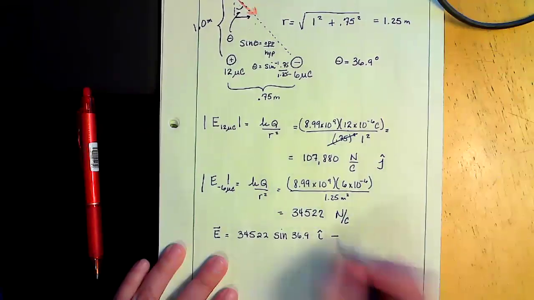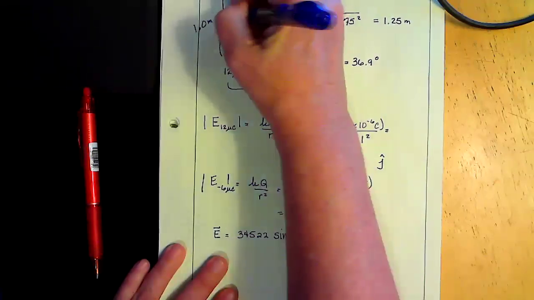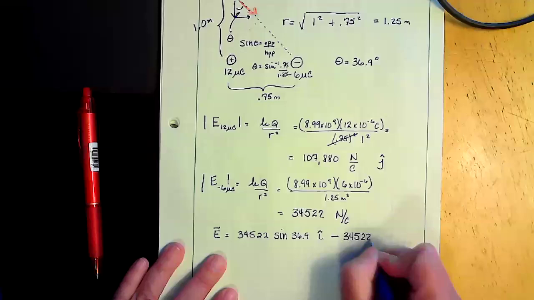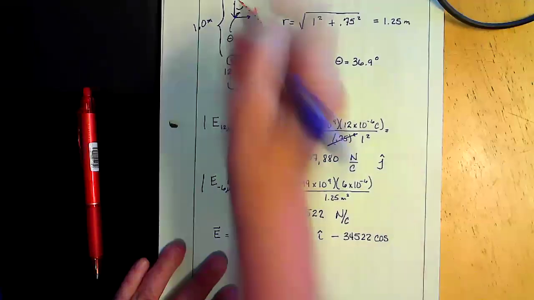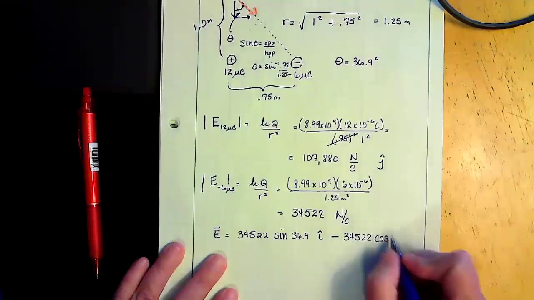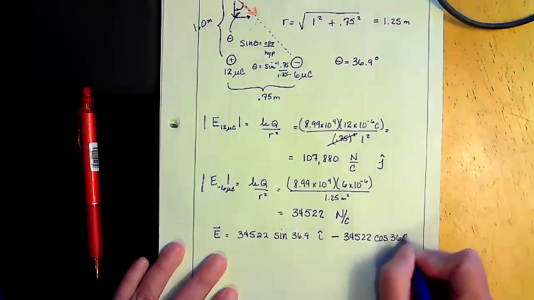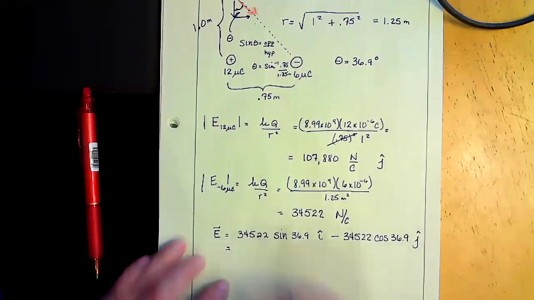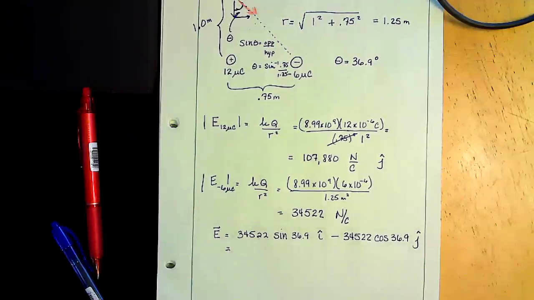Then I'll have the negative 34522, and this will be the cosine because I'm dealing with this angle, 36.9, in the J direction. So I'll go ahead and do those calculations.